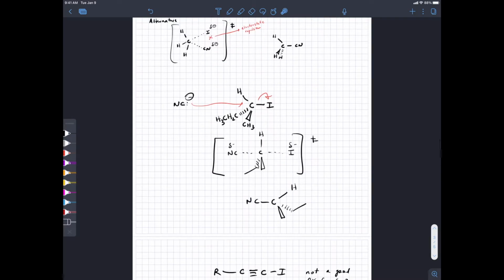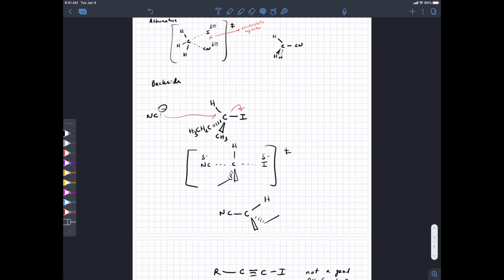Maybe we don't need to totally go through the other option, but let's maybe draw what we would expect front side attack to look like. What would the product of the front side attack be? Which direction are my methyl and ethyl groups going to point, and where would my cyanide be?